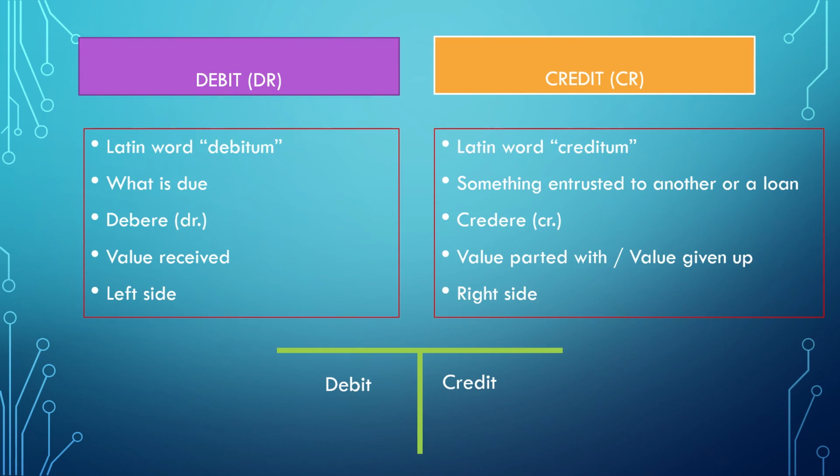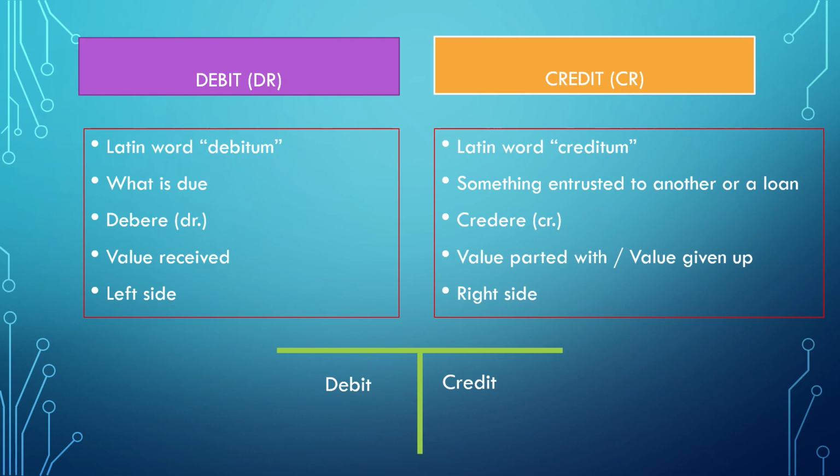Now, let's just have a little review of what debit and credit are. I'm sure you already know this from senior high. But for those who are non-ABM, debit and credit are terms that we use in accounting. In the past, it was from the Latin word debitum, or what is due.